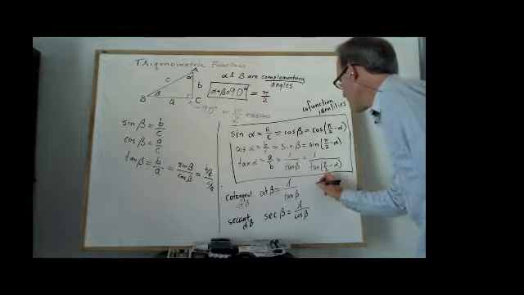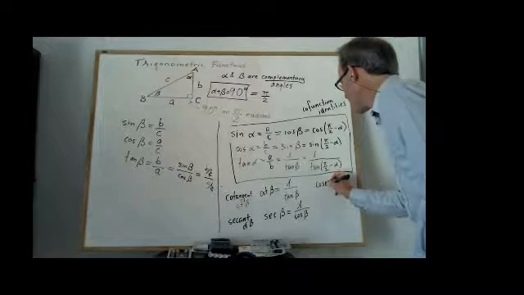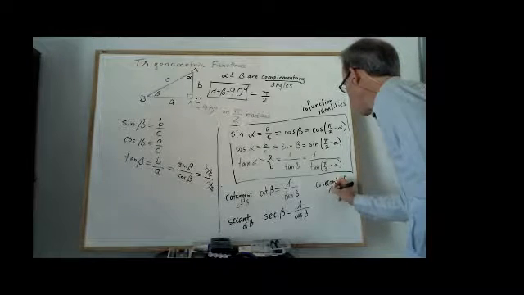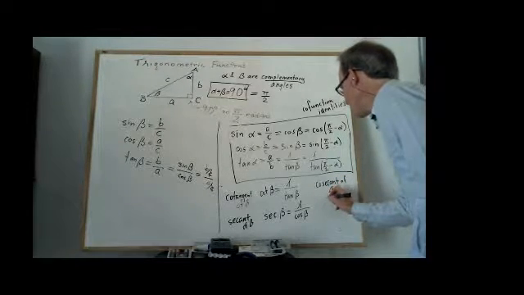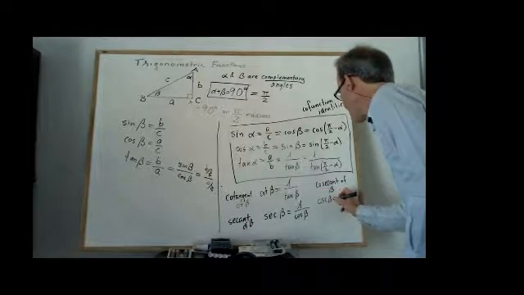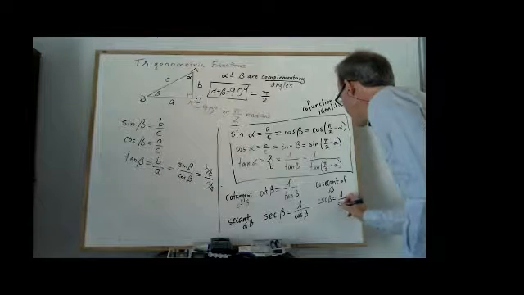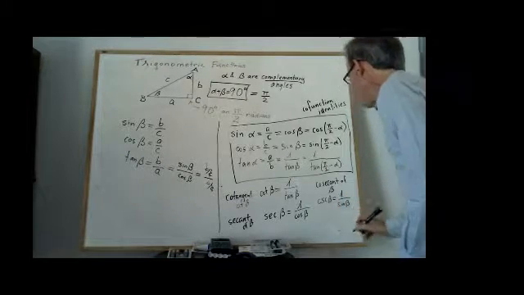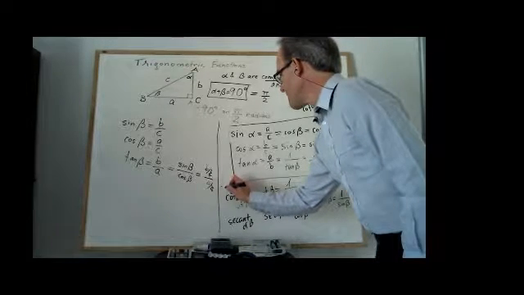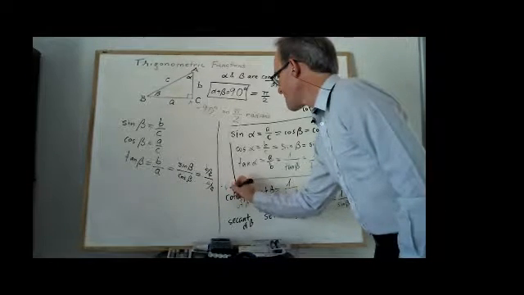And finally, the cosecant of beta, spelled csc beta, is simply 1 over the sine of beta. So these are the further definitions.